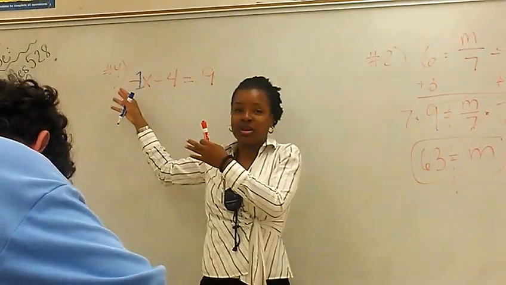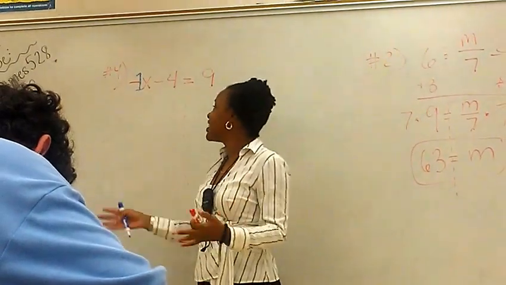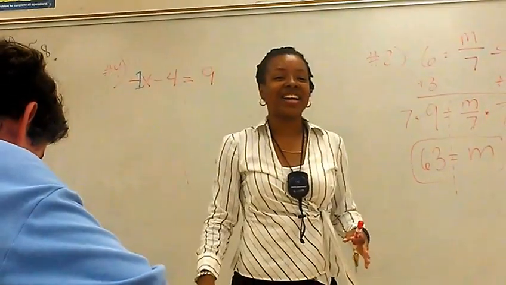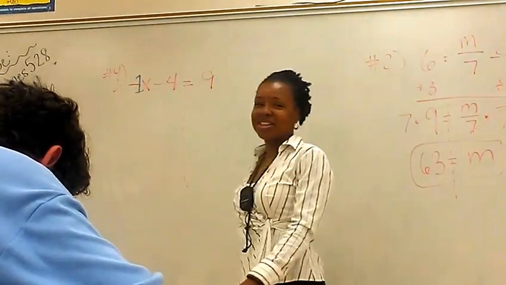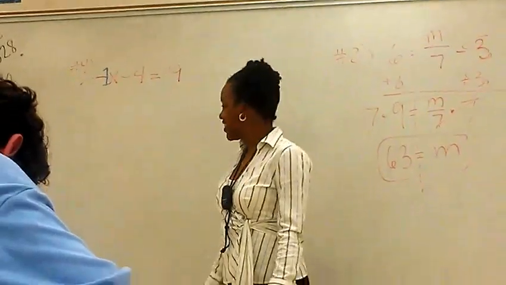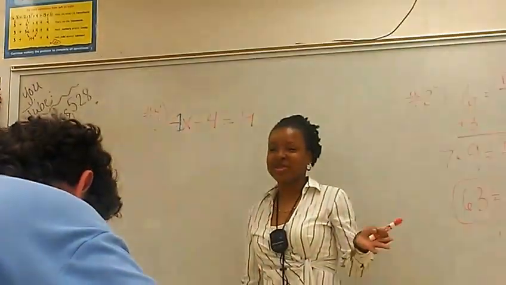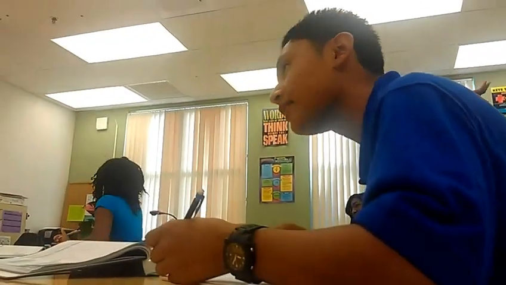But at least I know what it means. You have to tell me multiply. Charlie's a very smart young man, and he knew exactly what it meant. Just continue. Okay. All right.